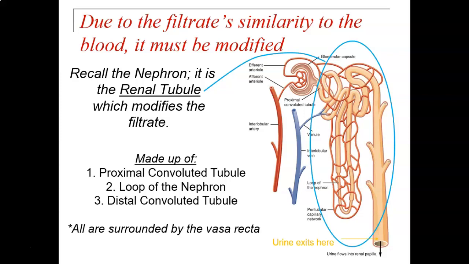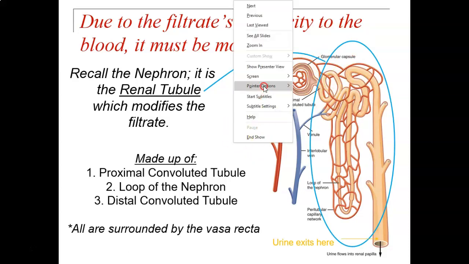They are the influencer. They can influence how permeable the tubule is, or how easily some of these molecules can get through. Now, there are two terms that we want to understand: reabsorption and secretion.